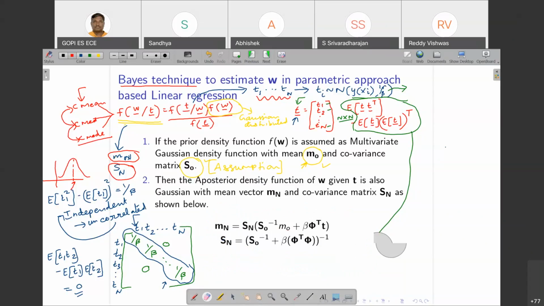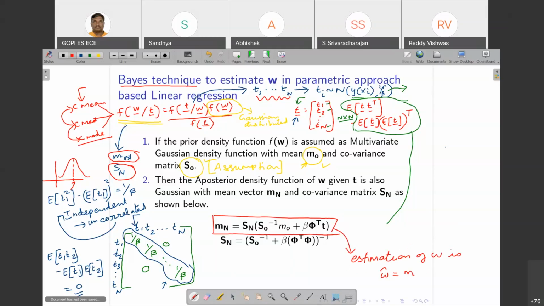So what you have to understand from today's class is this part. This is the estimate of W. Because we are doing a linear regression problem, we are interested in estimating W. The estimate of W, W cap, is equal to Mn itself.